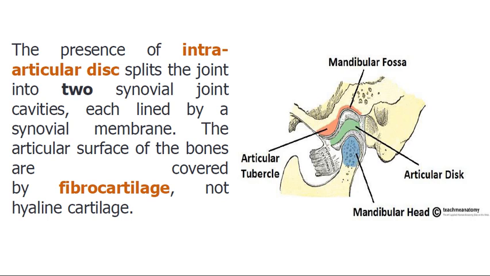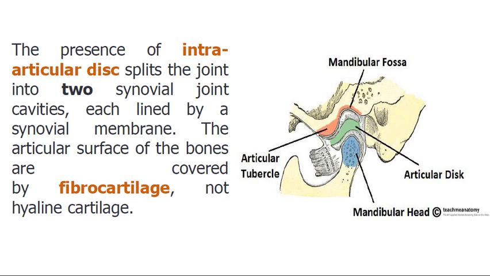So the joint space is present in two portions. This unique feature will give more mobility and specific movements for the T.M. joint. We will come to describe that in the next slide.